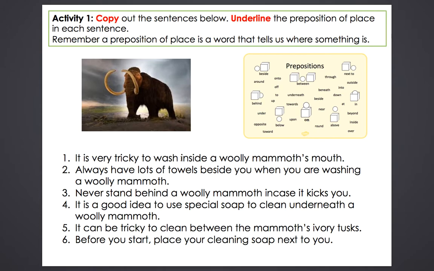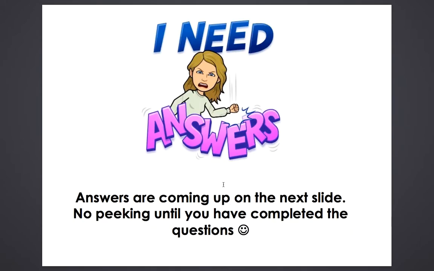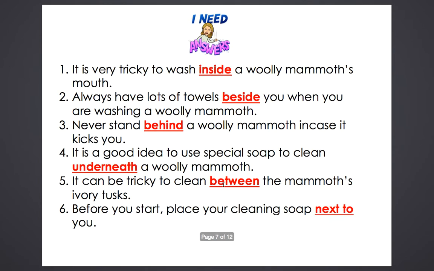So in that sentence, I would underline this word here, inside. And I've put a little word mat here to help you with what words to underline. Okay, brilliant. So if you copy out the sentences and then underline the preposition. Now on the next page is the answers. Okay, so I'll quickly go past those so that you can't peek.